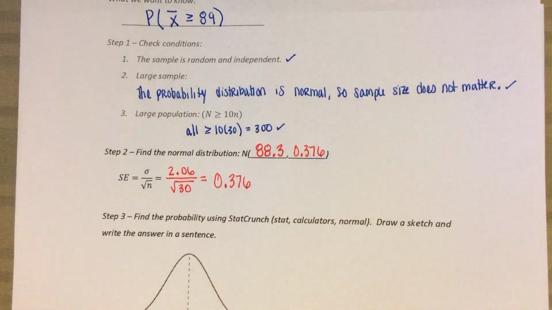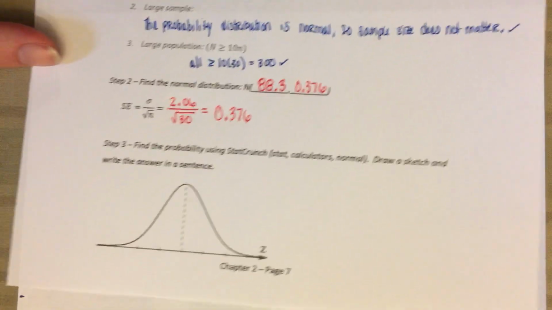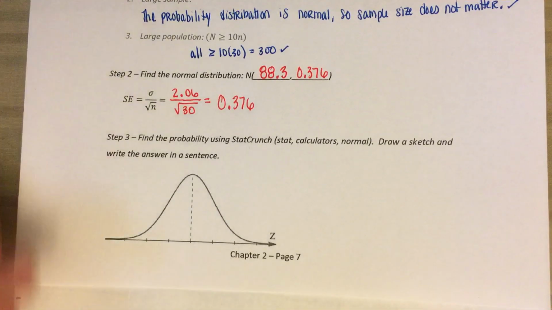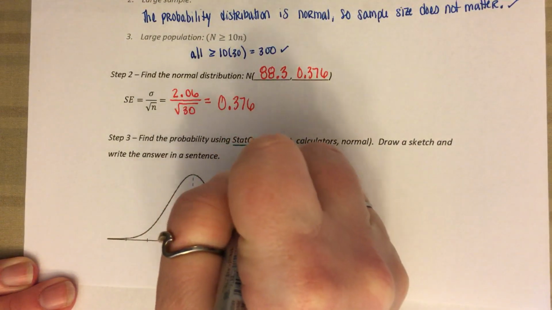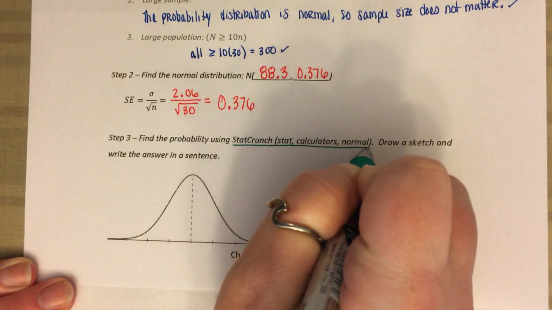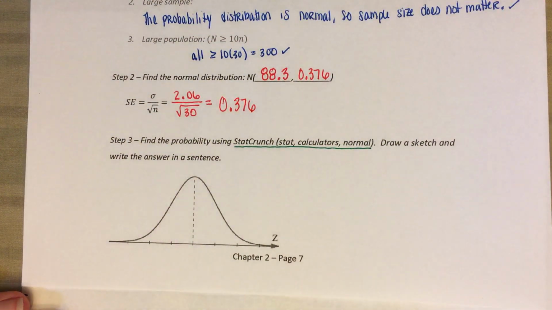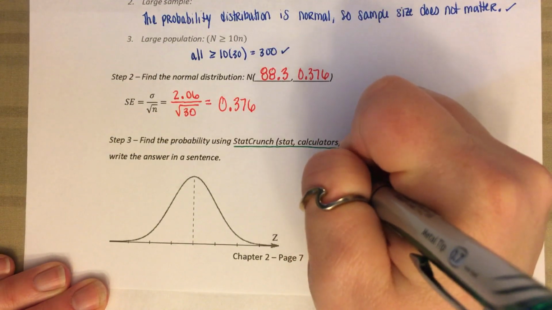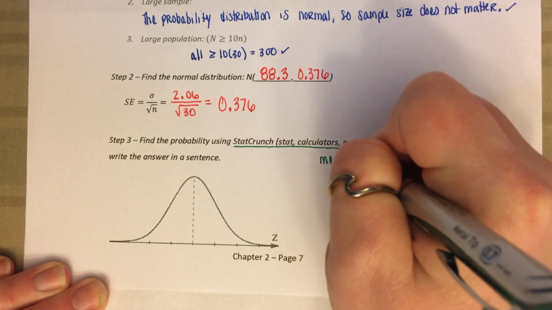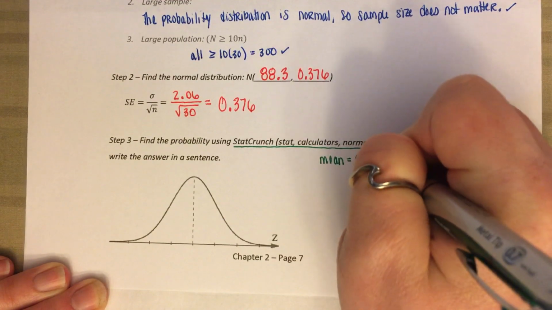Now we're going to take this information and go to StatCrunch. We're going to use the exact same thing we used in Chapter 6, and the exact same steps that we used in Section 7.3. We are going to go to our normal calculator, and we want to make sure that we enter things correctly. For our mean in our normal calculator, we're going to use 88.3.